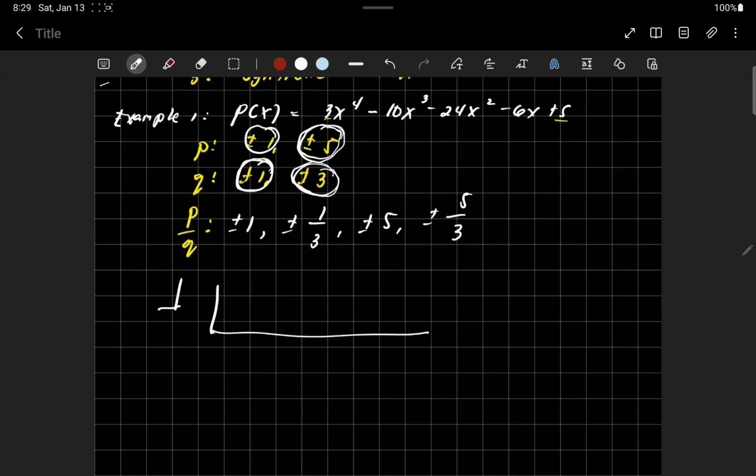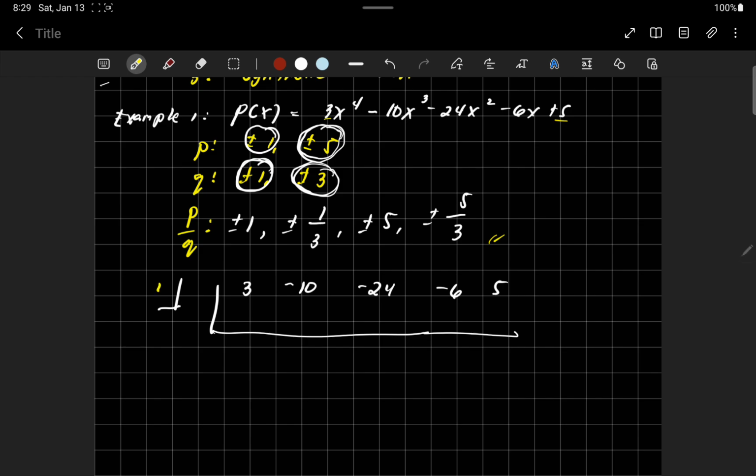Sa first row, ang nilalagay natin is yung mga coefficient na ating polynomial. You have here 3, negative 10, negative 24, negative 6, and 5. So, iisa-isain natin lahat ng possible rational roots natin. Okay, alin dito yung magre-remainder na 0?